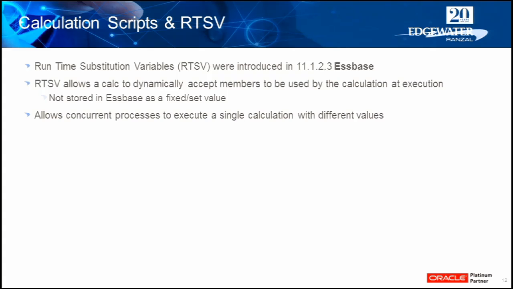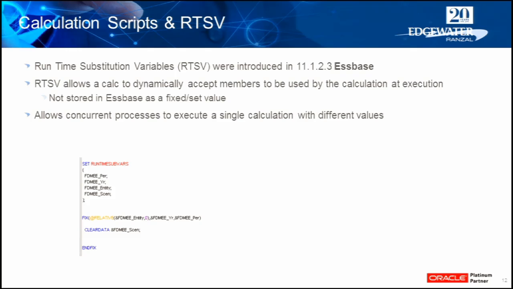So if I have a fixed statement that's fixing on the company that I need to clear, I can have one calc script that gets 2 different values from 2 different executions, and it's the same calc script. There's no conflict, whereas if I had a substitution variable that was actually stored in the outline, that would obviously be updated by one process and impacted by the update from the other process, and I could potentially be clearing the wrong set of data. Runtime substitution variables: in memory, never stored.